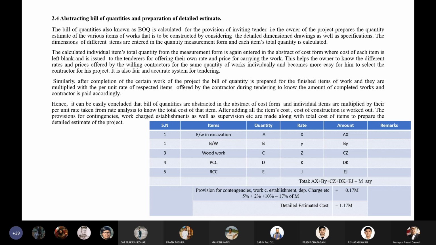First, the Kista can be paid after finishing of the plinth level. The second payment can be made after finishing of the superstructure wall. The third payment can be made after finishing of the slab.